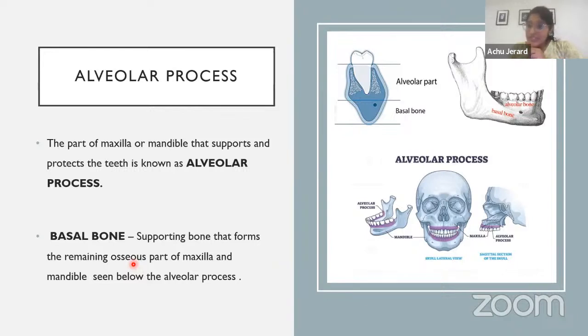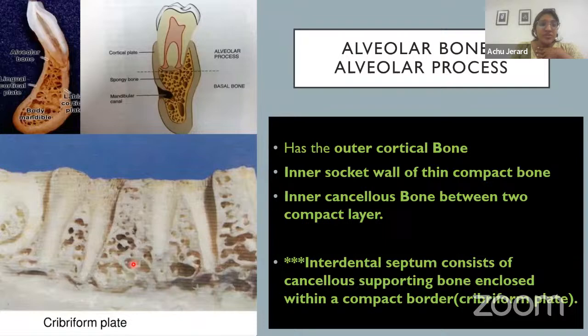And due to the same reason, when we lose the tooth, that alveolar process resorbs. And the rest of the maxilla and mandible, other than the alveolar process, forms the basal bone. This is the longitudinal cross section of the tooth with the entire bone, with the basal bone and this alveolar bone or alveolar process, where the tooth is harbored.